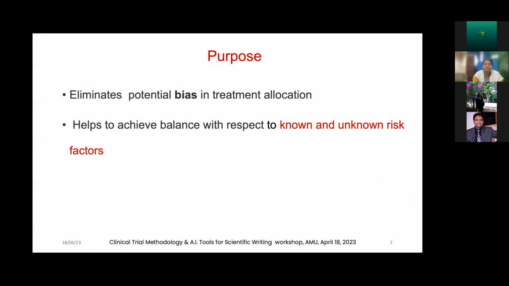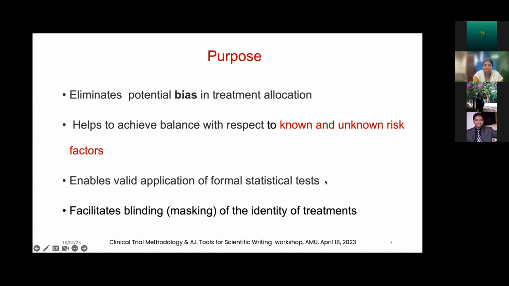But by doing a simple and effective randomization, you are balancing both known as well as unknown risk factors. It also enables you to apply all your formal statistical inferential tests, and the validity will be maintained when randomization is applied.